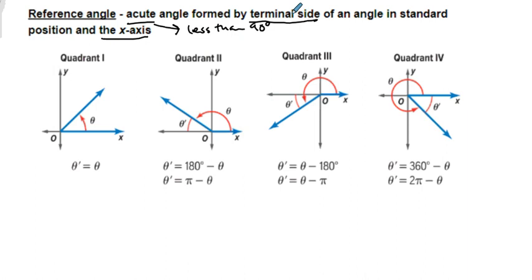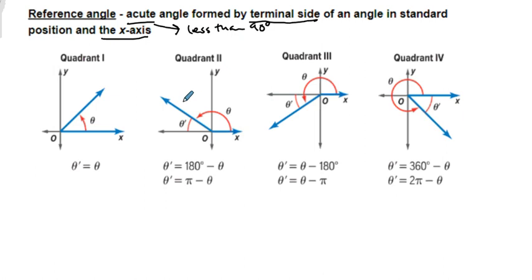Those are the big words we need to know there: terminal side and x-axis. When you talk about something in quadrant 1, it's pretty straightforward: our reference angle is this angle right here, from the initial side to the terminal side. Nothing different there. It's exactly what we think it should be.